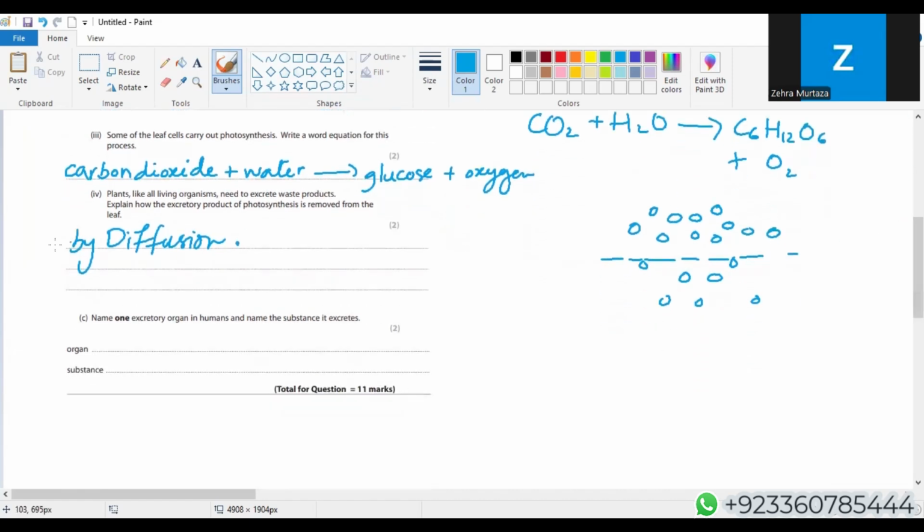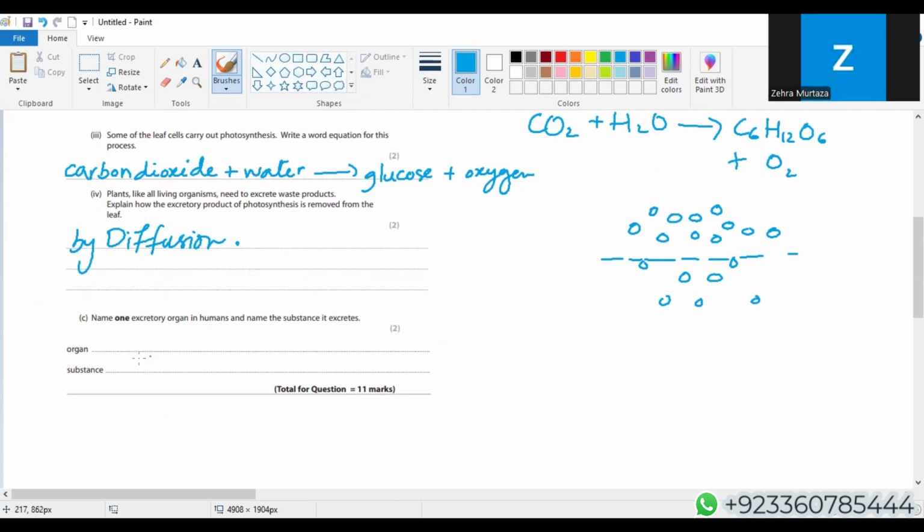Now, the next question we have is, name one excretory organ in humans and name the substance it excretes. So we are done with the digestive system and the excretory system. If you remember, I told you at that time which organ is responsible for what type of excretion. So it's again very easy. I can give you multiple examples.